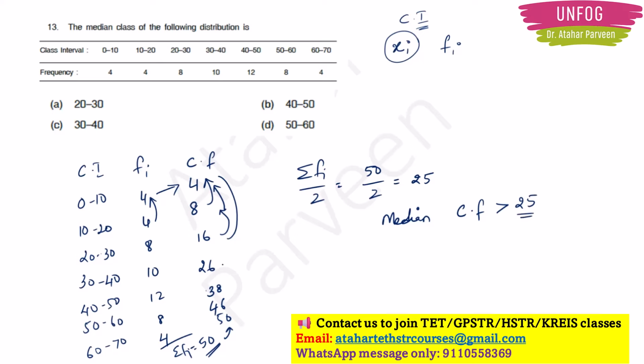What is just greater than 25 here? It is 26, right? So what is the corresponding class interval for this cumulative frequency which is just greater than 25? It is 30 to 40. Correct? So option C will be the right answer.